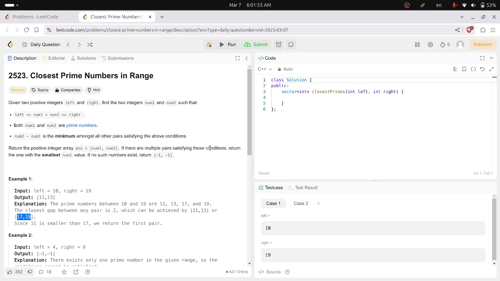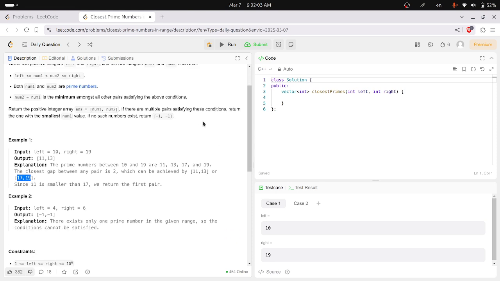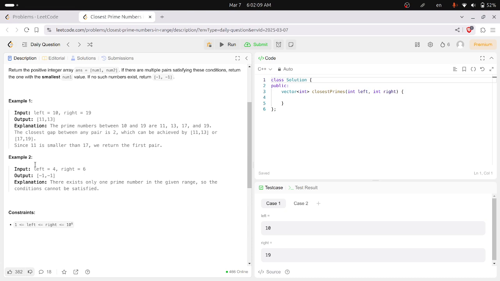So that is what they said, that if you find two pairs that are at the same distance, then you will have to return the one with the smallest num1. So when left and right are 4 and 6, there are no prime numbers in between them. That's why they returned -1 and -1.